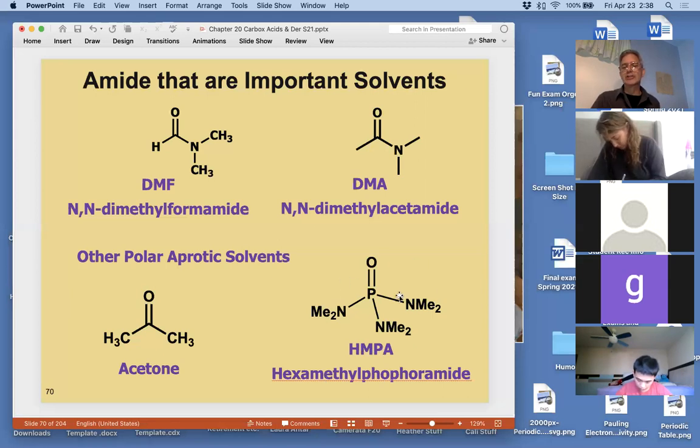With this structure, it's a triamide of phosphoric acid. However, it's a mild carcinogen, very mild, but still, you've got to respect it for that. So it's avoided, but when it's useful, nothing else takes its place. It has some very unique uses. It loves to associate with lithium cations, so it's used for that purpose.